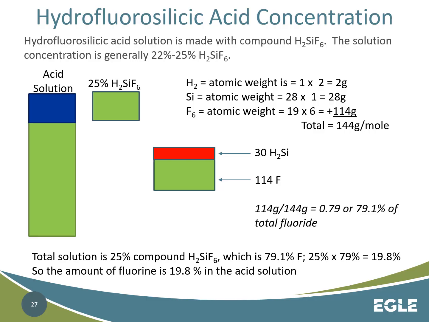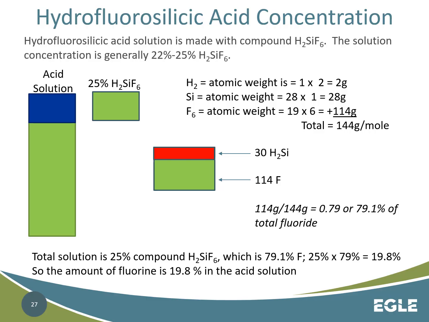As a high-level overview, you add up your atomic weights, and from those you take the weight of the fluoride over the total atomic weight of the molecule to get your percent fluoride ion, which is 79.1% pure fluoride in that molecule.